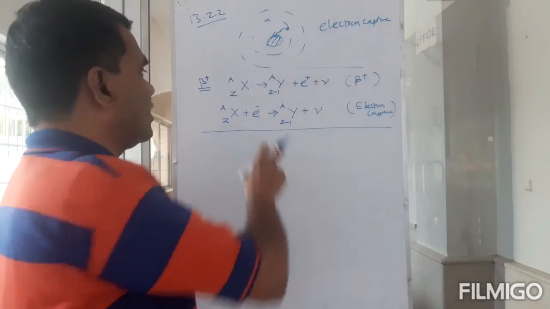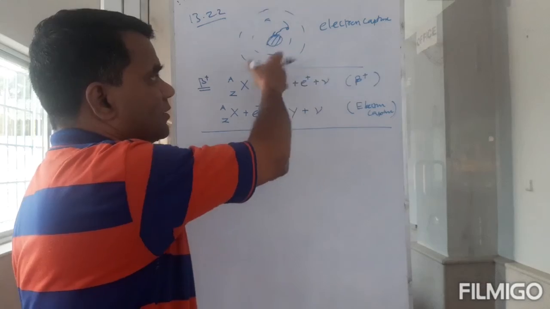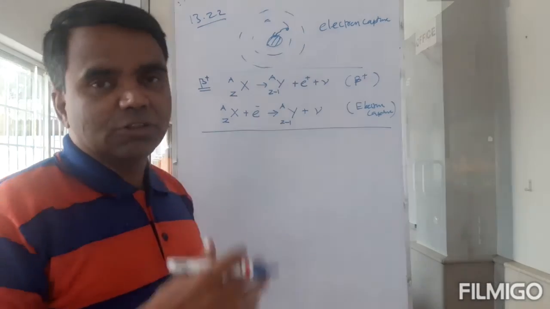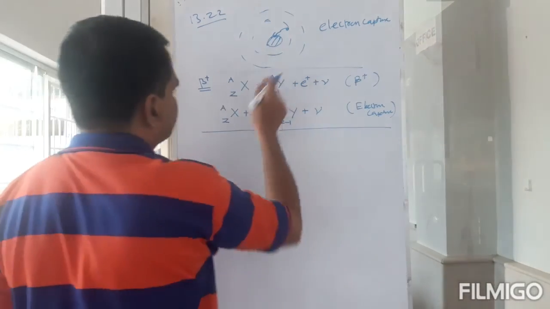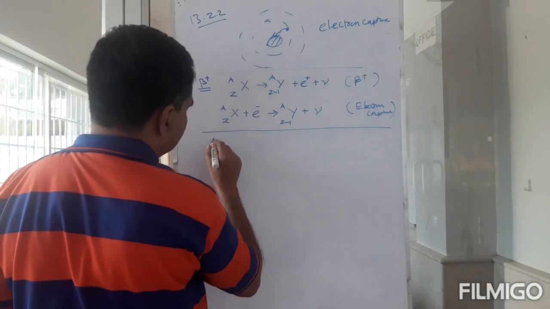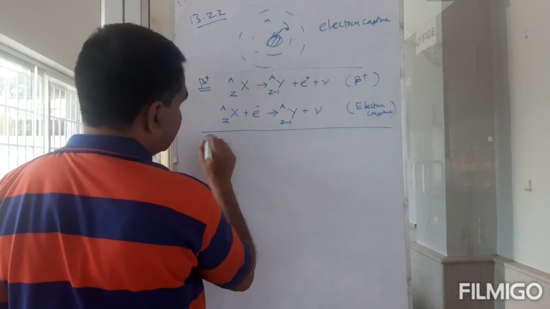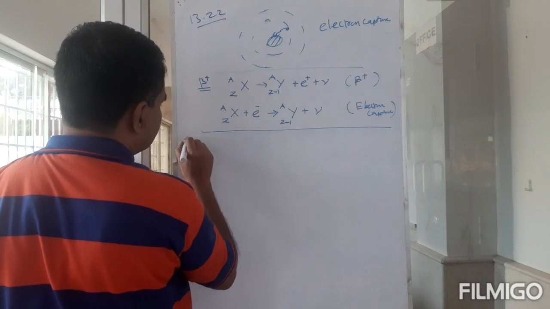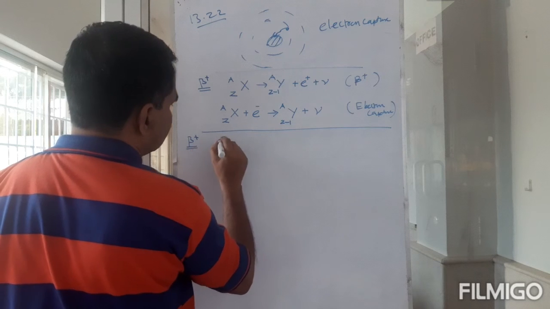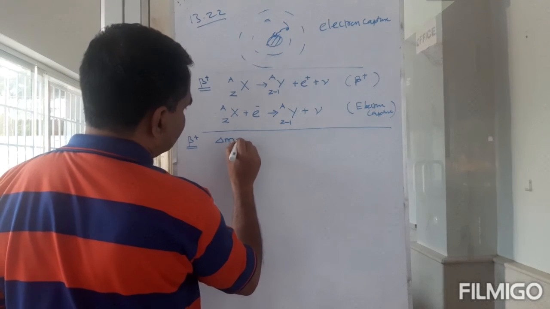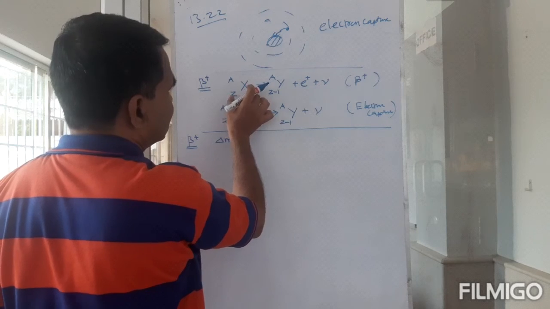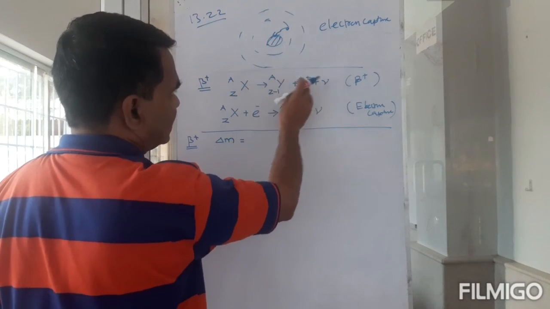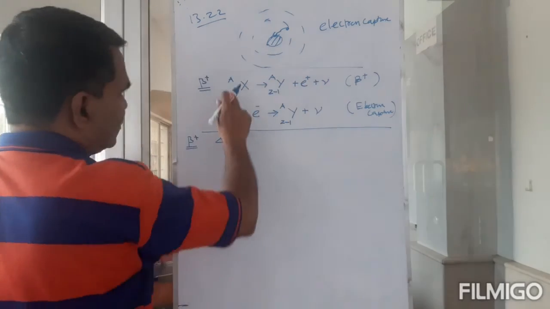So what will be the energy released in the first process? It's going to be delta m c squared, right? So what is the delta m for this? That's the first process, beta positive. My delta m is going to be equal to this mass minus these masses, right? So what is this mass?